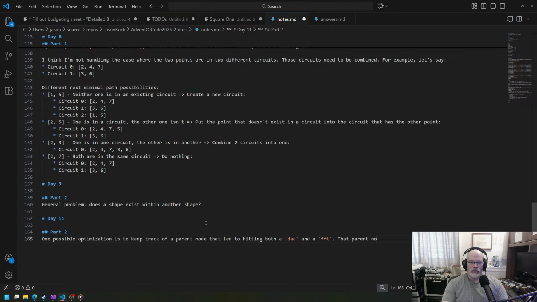That parent node would be the node just before we found one or the other.